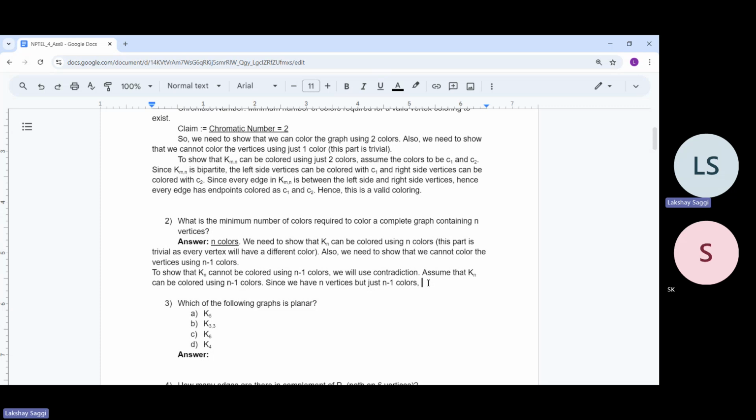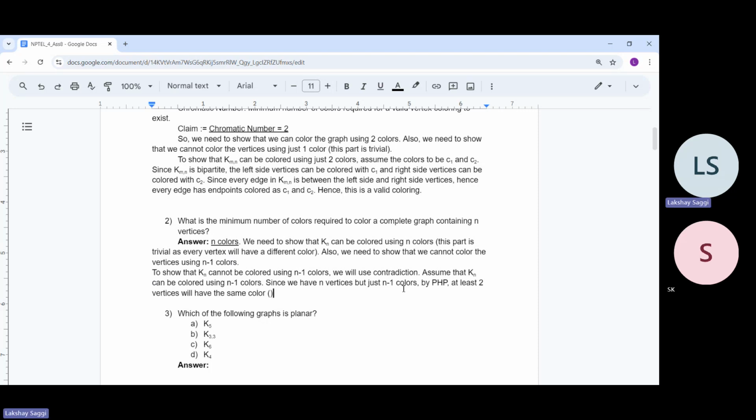Something similar will happen here: we have n vertices but only n minus 1 colors, so at least 2 vertices will have the same color. By PHP, the pigeonhole principle, at least 2 vertices will have the same color.